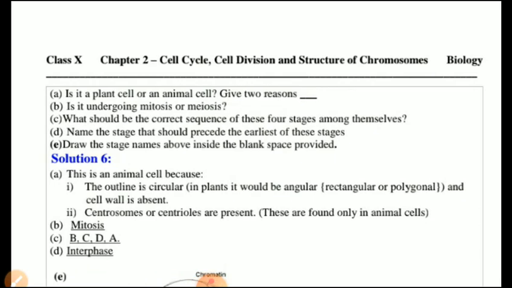Answer: This is an animal cell because the outline is circular. In a plant it would be angular, rectangular or polygonal in nature, and a cell wall is absent. Point 2. Centrosomes or centrioles are present. These are found only in animal cells.